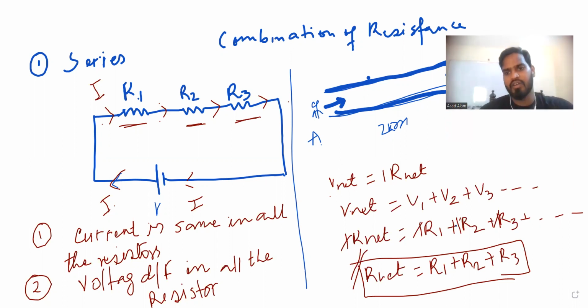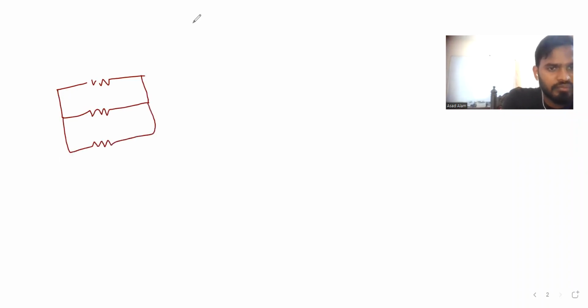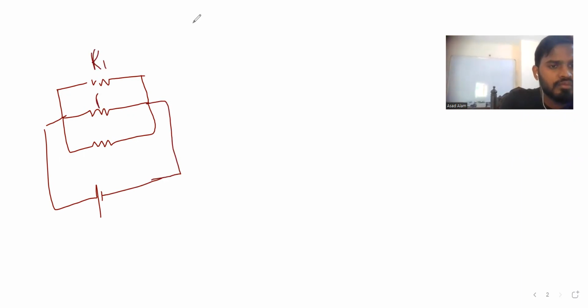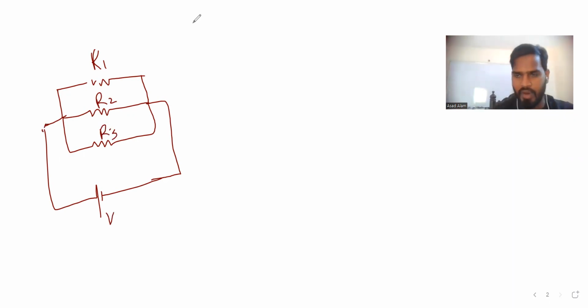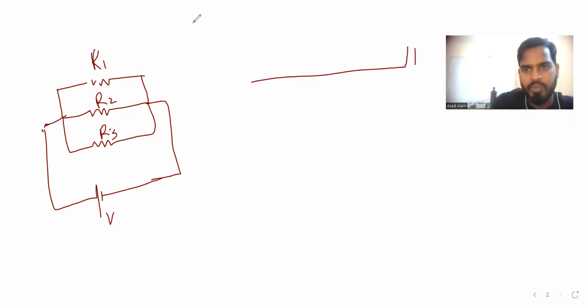Now let's see combination in parallel. R1, R2, R3. Now the problem here is that there is a way in between.